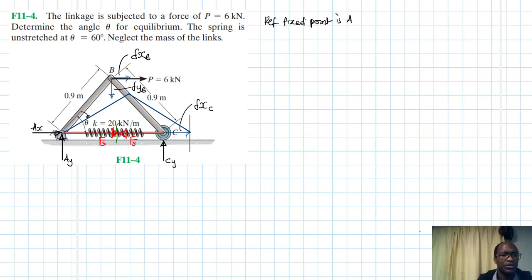Okay, so we have two horizontal, right? One due to the spring force, the other one due to the force P. The masses of the links have been neglected. So these are the only points that we are going to define. So let's do the definition right away. So we're going to have something like so there to there like this. We'll define this point. And then we'll have another point from here to there. We'll also define this point.